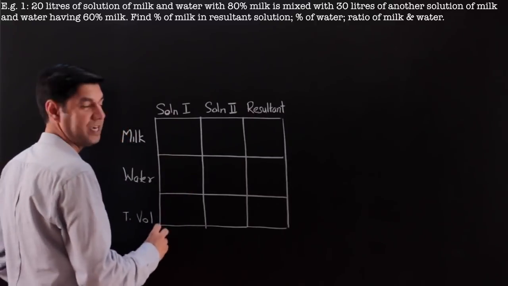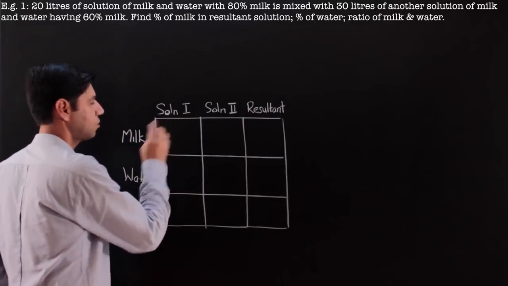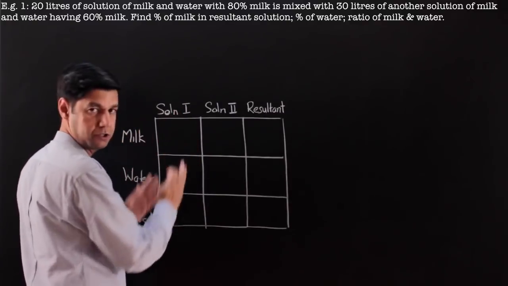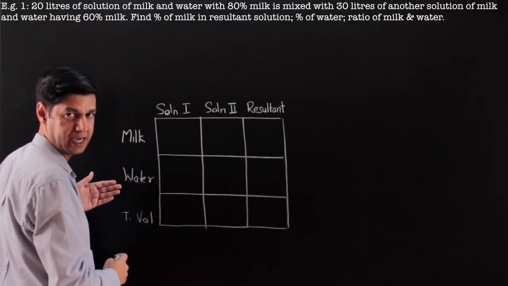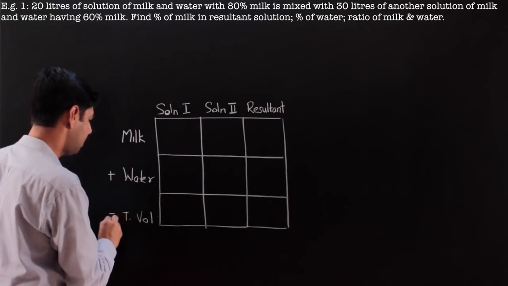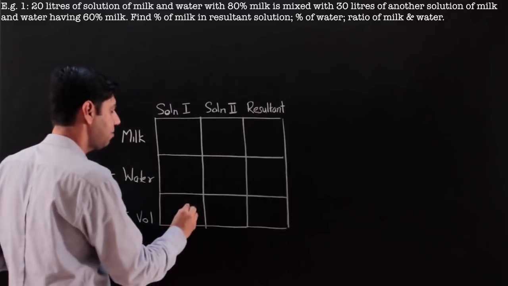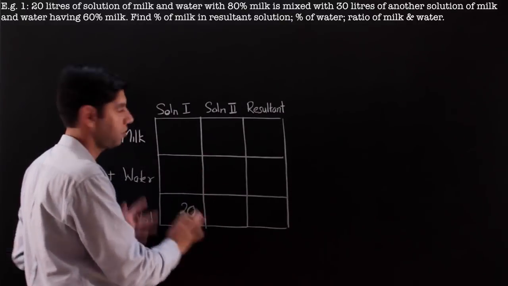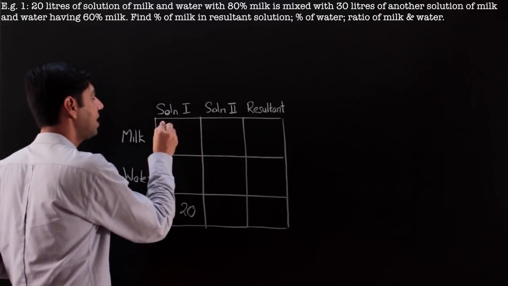So, we are given the first one, so what we'll do is, I've made a column for solution 1. It has milk and it has water, and we know that milk plus water has to be the total. It is given that the first solution is 20 liters. So this all is about liters. How much milk does it have?